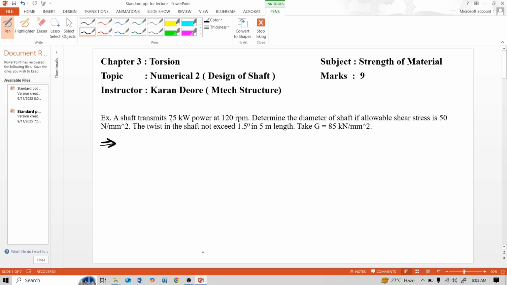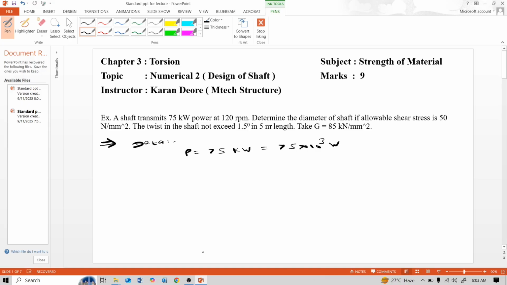Write the given data. The shaft transmits 75 kilowatt power. P is 75 kilowatt, that is 75 into 10 raised to 3 watt.